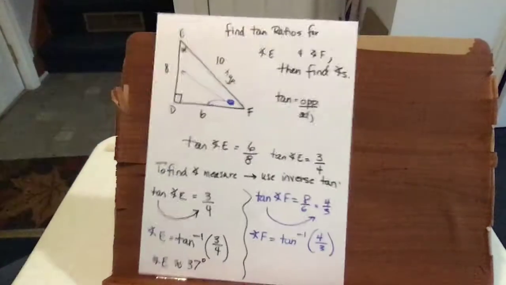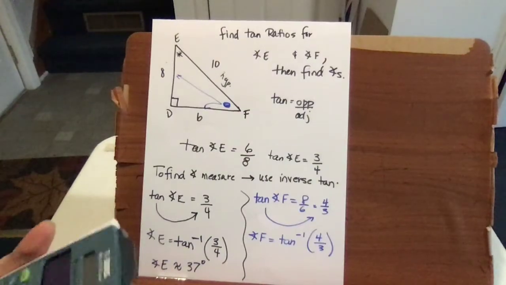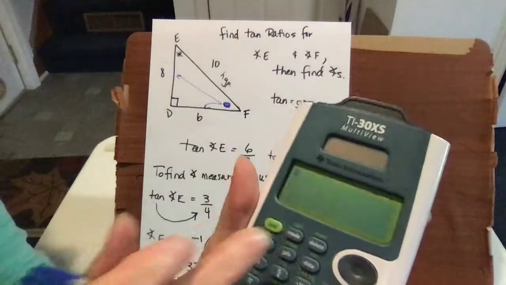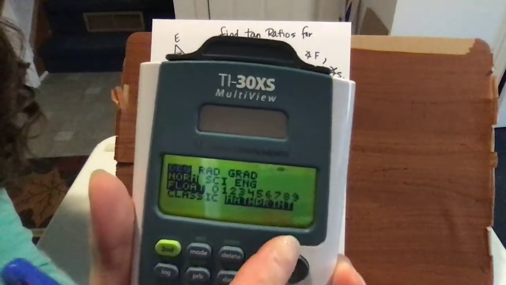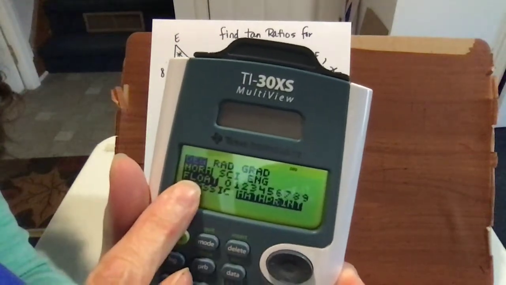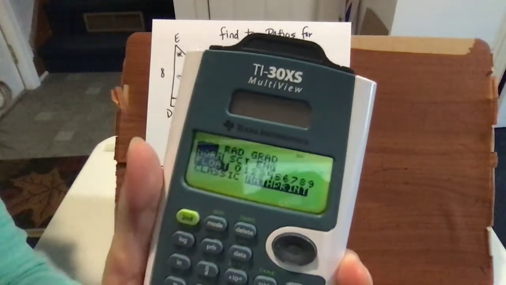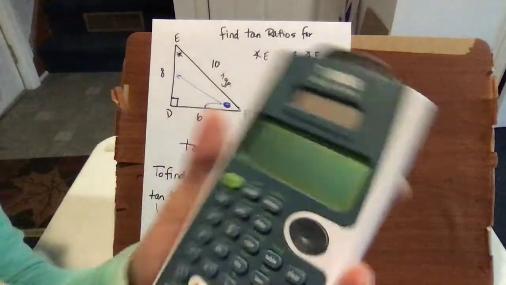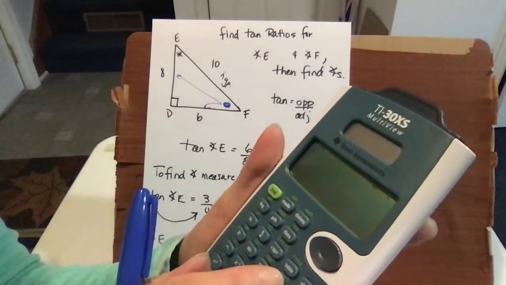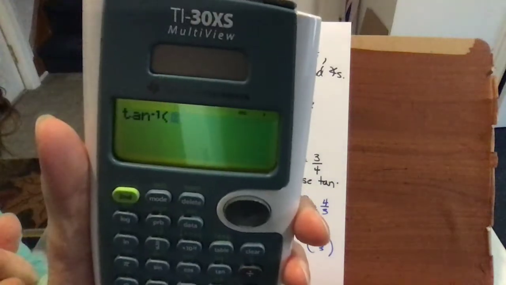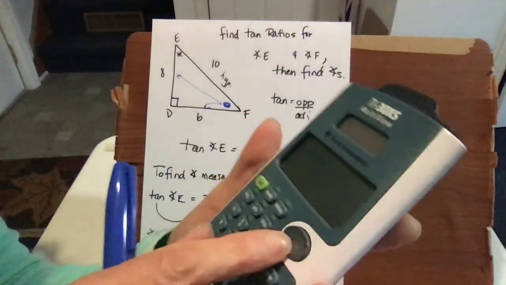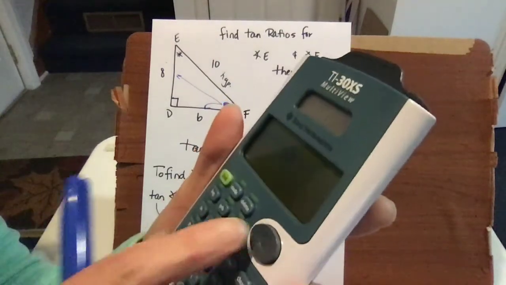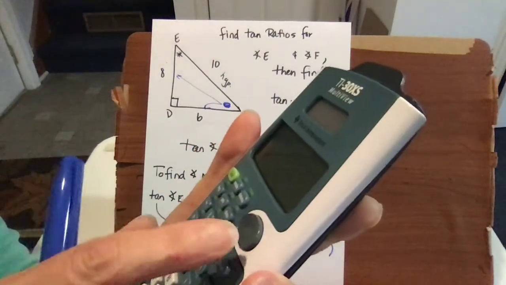All right, so let's clear this out. If you're not in degree mode, you go into mode and make sure the degree, which is up here, is blinking, or highlighted. And if it's not highlighted, fix it, and then you can quit out. We want to invoke the inverse tangent, so second tangent, and we're going to put our fraction button, and we're going to put 4/3, and close your parentheses.